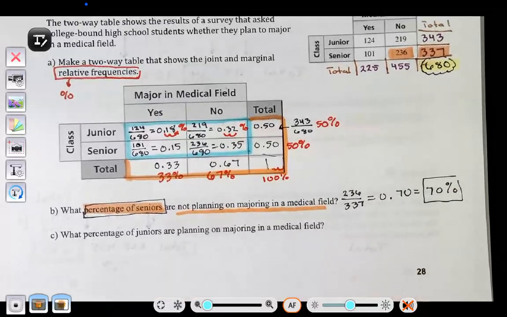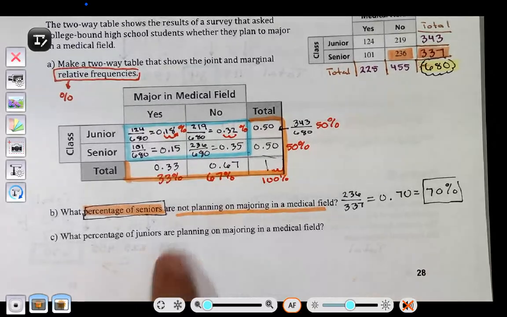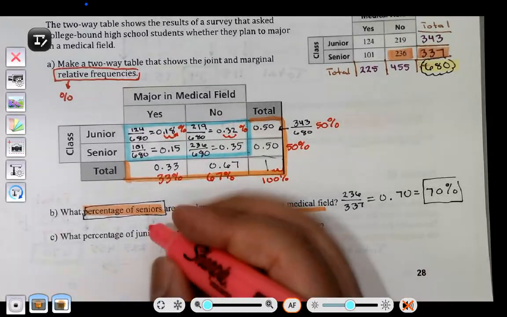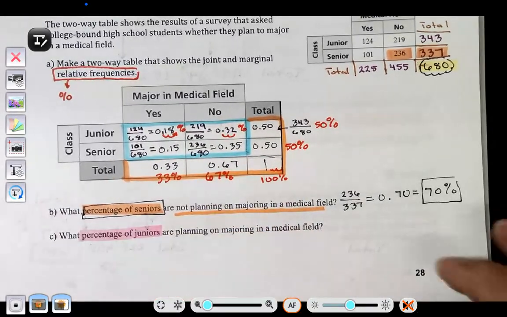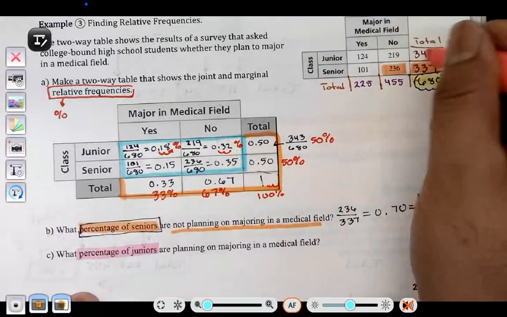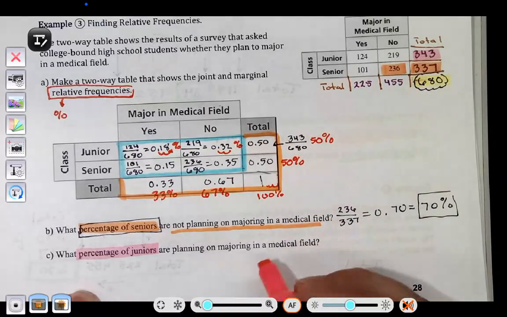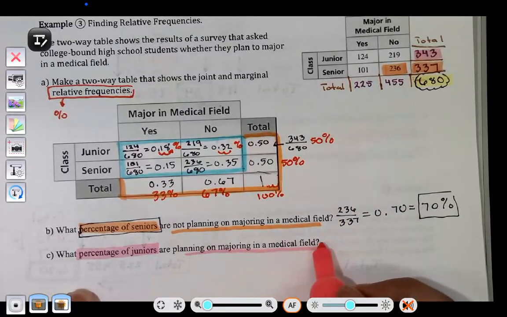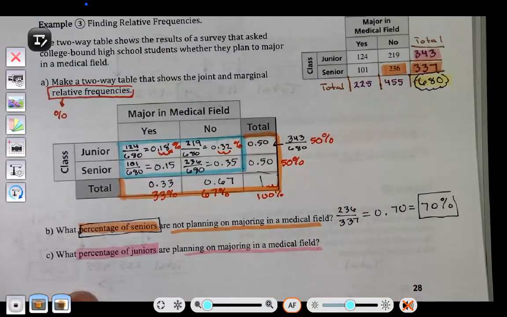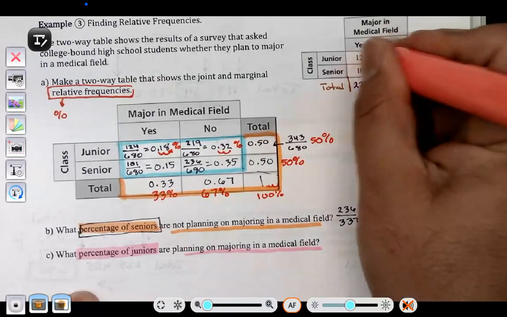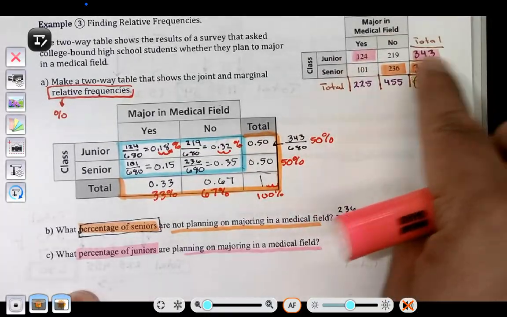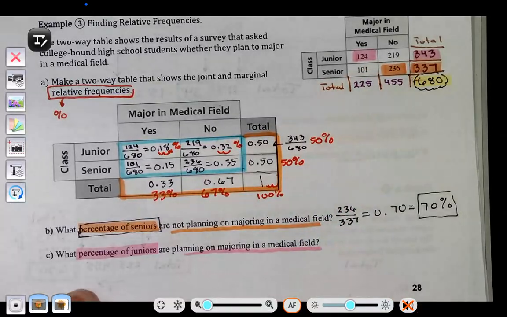And then finally, what percentage of only the juniors? Okay, only juniors. All right, well, look at your list up here. Only juniors would be this number. That's the total. Are going to plan on majoring in a medical field. So basically, how many of them said yes? So I have to use these two numbers, the 124 and the 343.